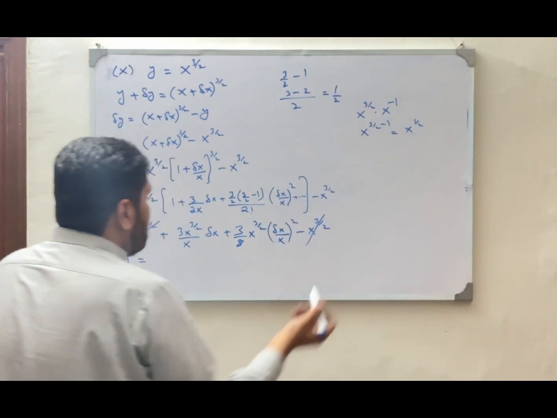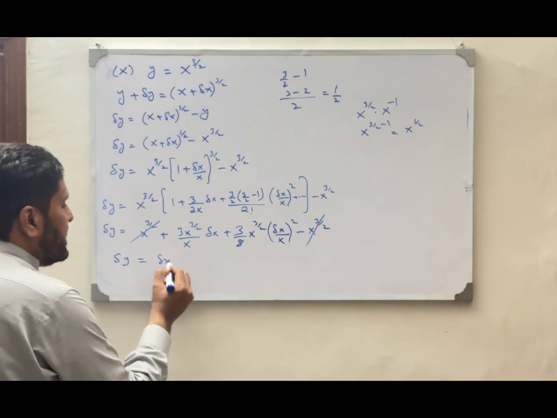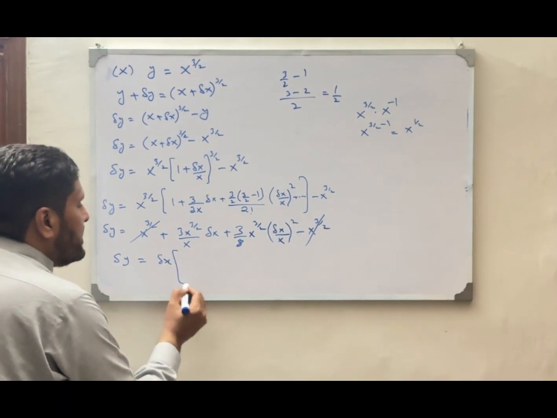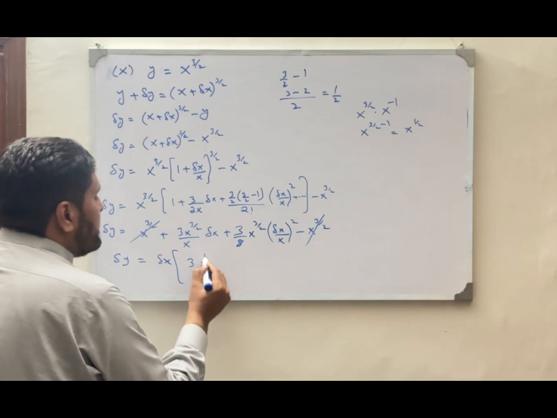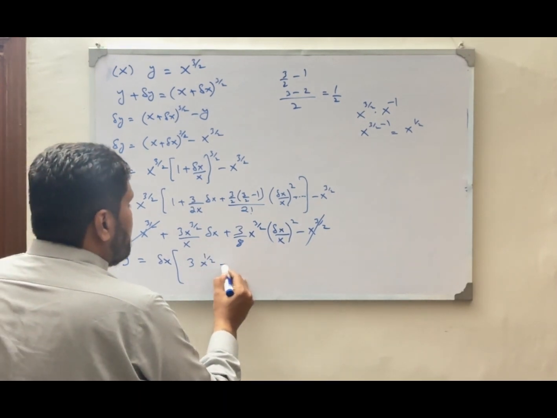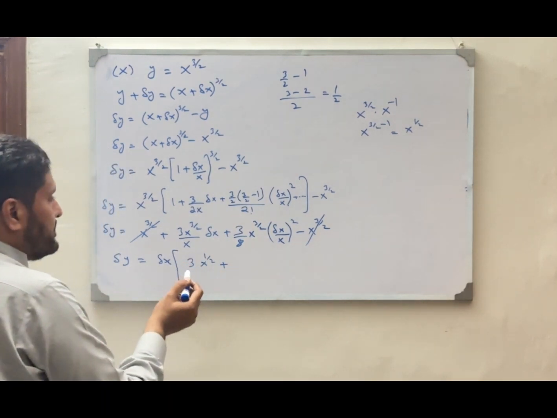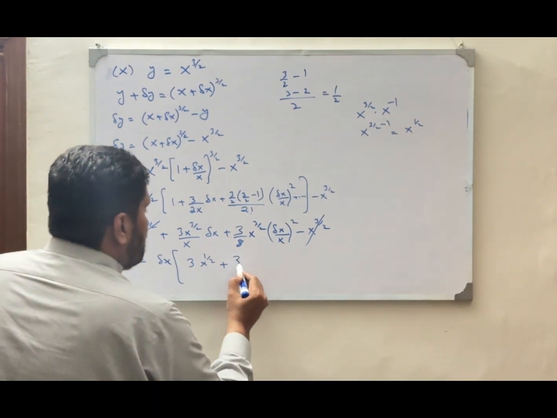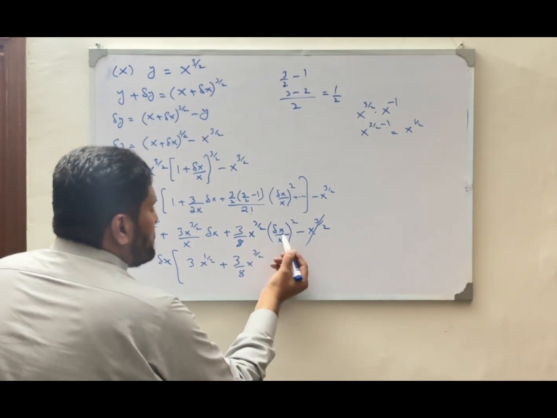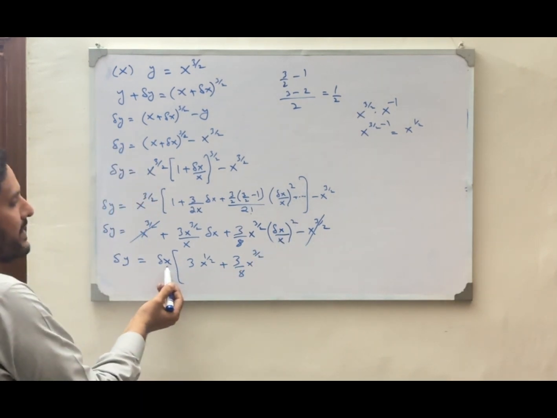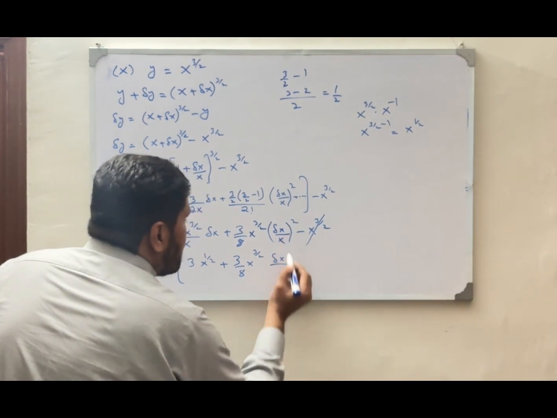So by firstly taking delta x common, in place of this we can write 3 by 2 x power 1 by 2 plus 3 by 8 x power 3 by 2. So this is delta x square, we have taken delta x common, so the remaining term is delta x divided by this x whole square.